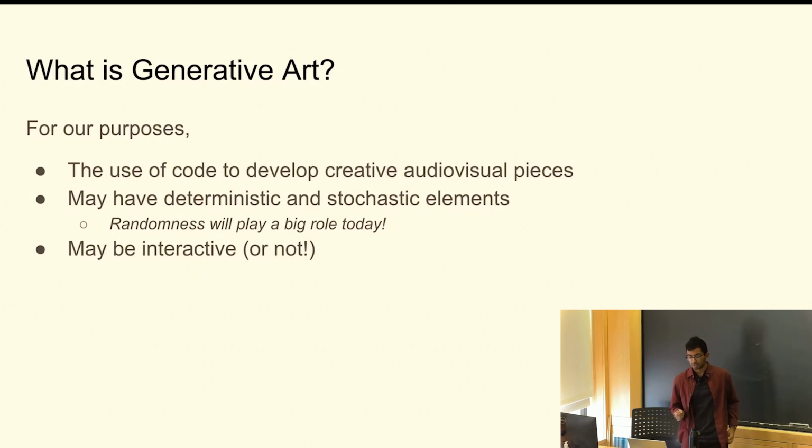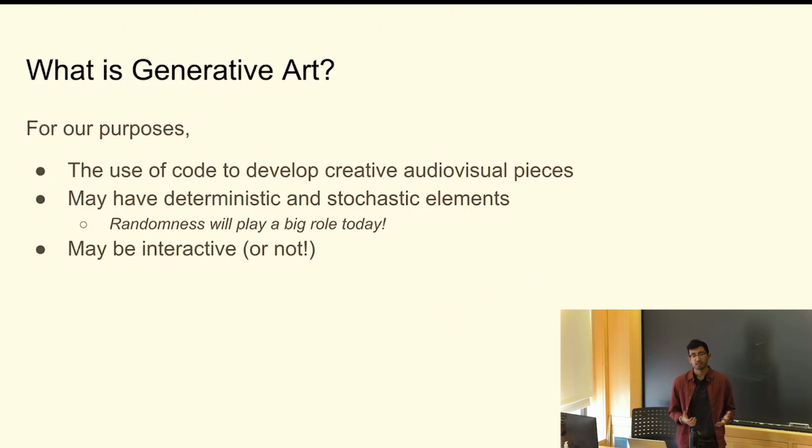Now, I also want to point out that we may have deterministic and stochastic elements. What I mean by that is the deterministic elements: you, as the generative artist, are going to choose exactly where things go, how they look, everything like that. You create the components and you determine exactly where they will be and how they will operate.